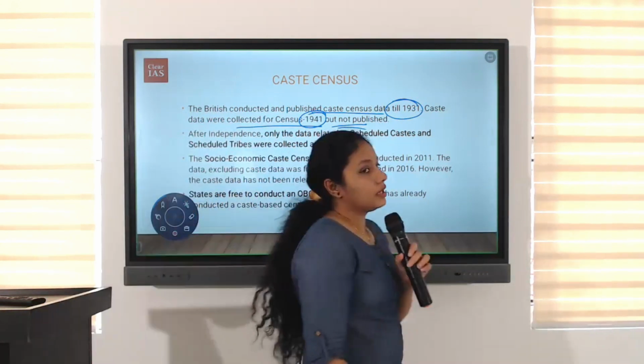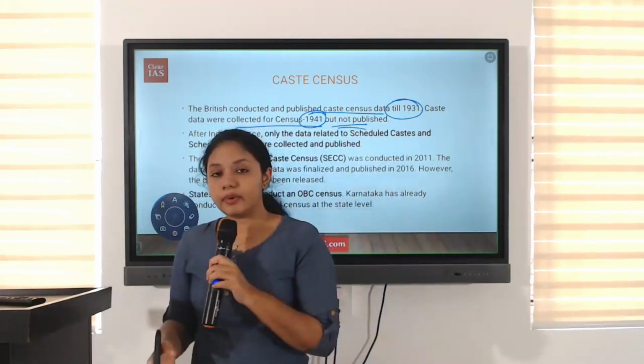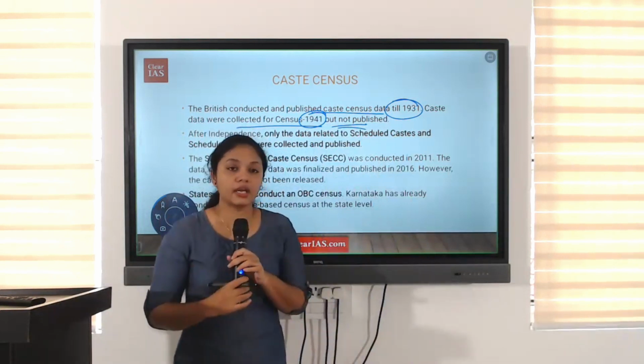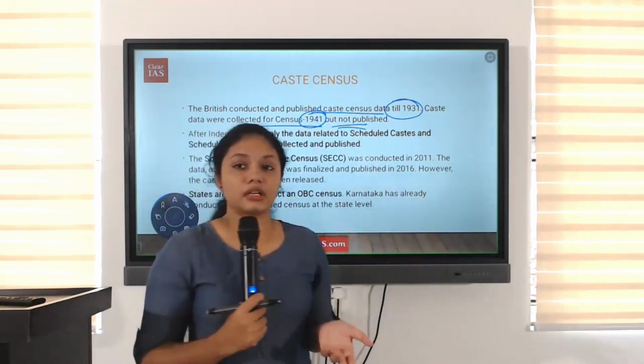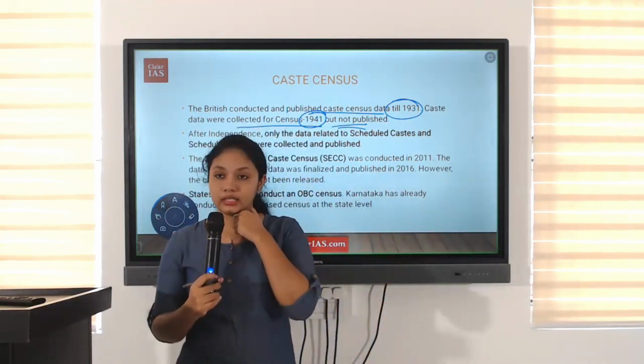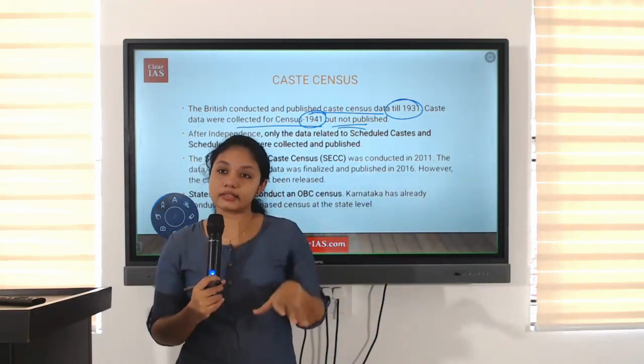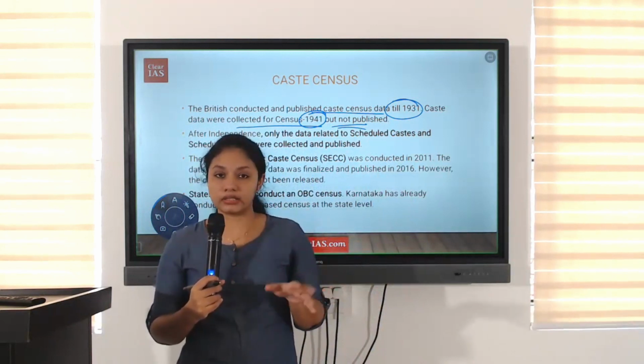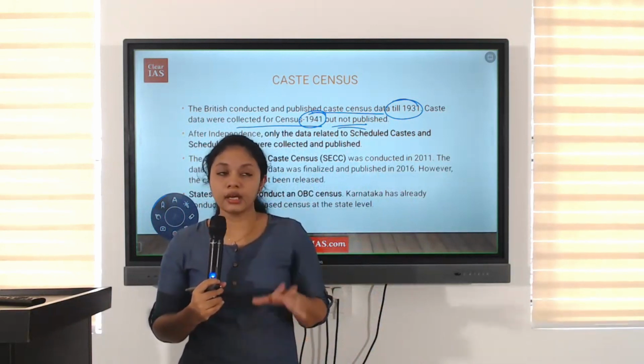So later, during or after independence, the government was not ready to publish the data based on caste. The census is mainly done based on the population itself, not based on caste.